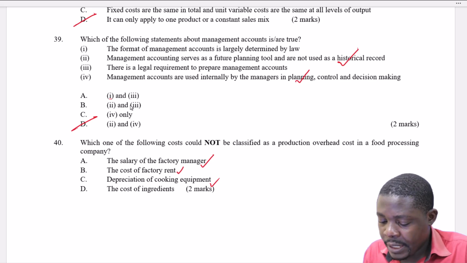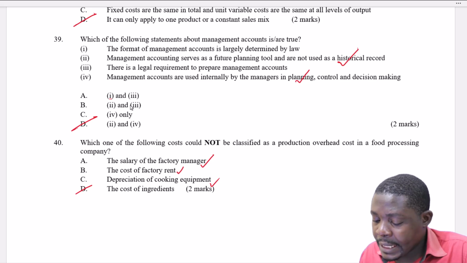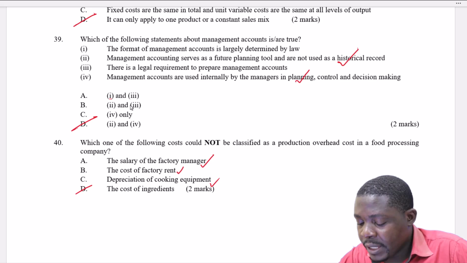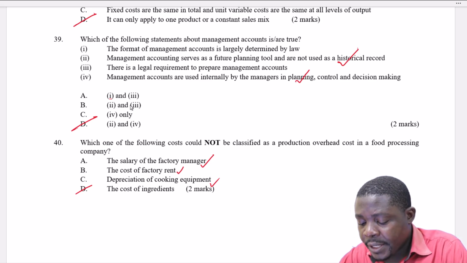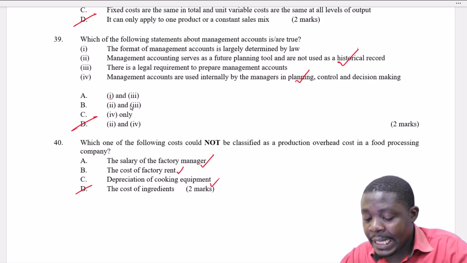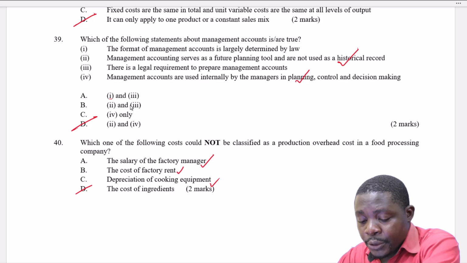This is the one that is the odd one out. The cost of ingredients is not classified as production overhead, because we look at the managers in the company, and the cost of factory rent and depreciation, all of them deal with the production side, but not the ingredients. That is it from 30 to 40.